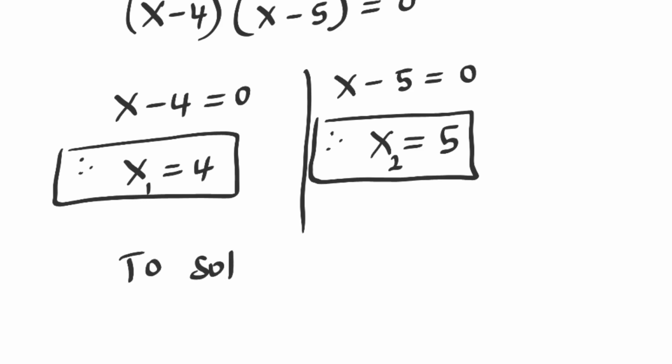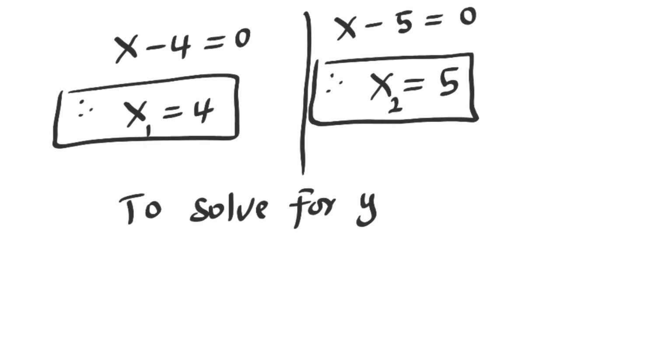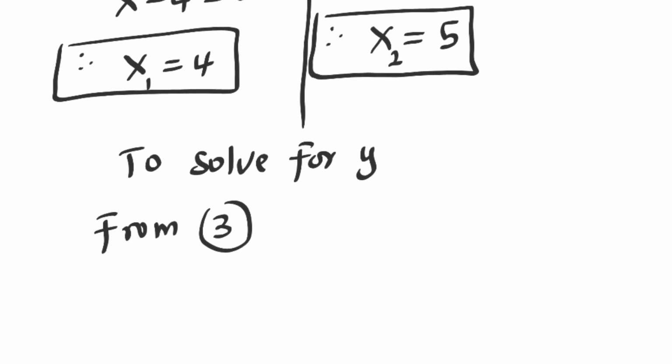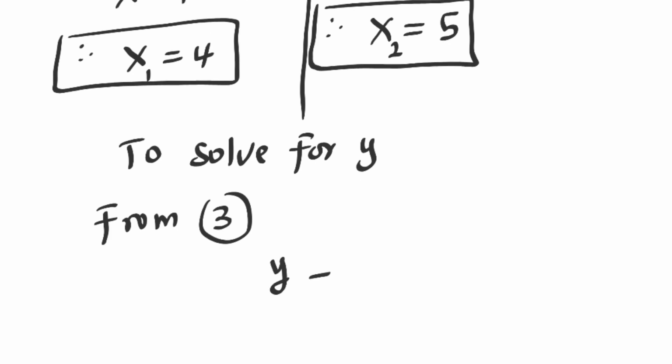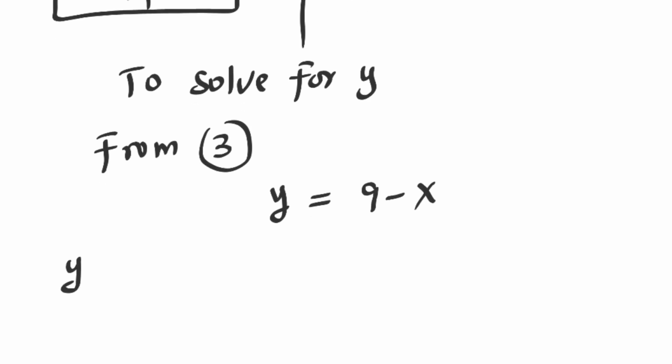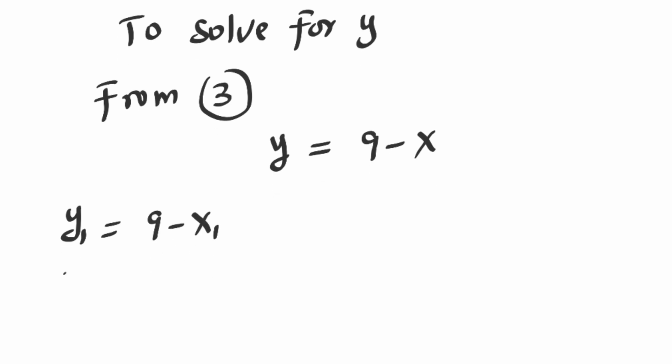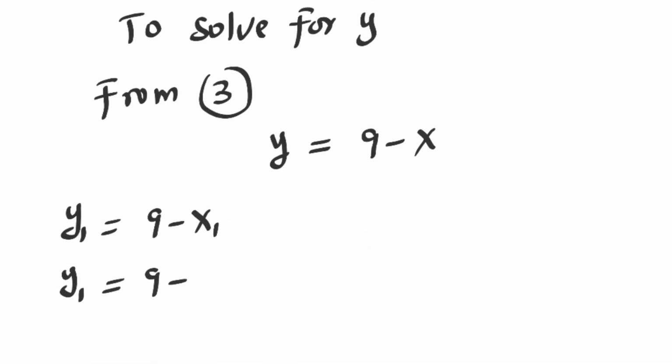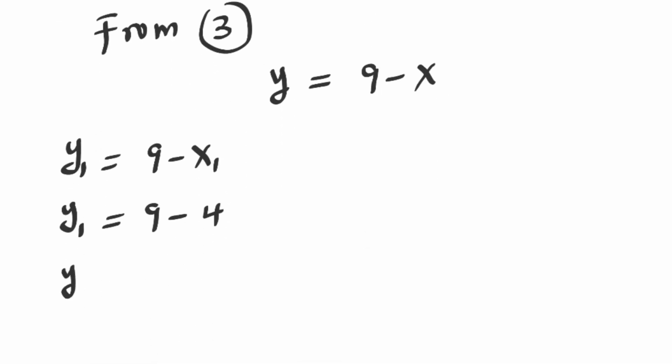To solve for y, from equation 3, y is equal to 9 minus x. y1 is equal to 9 minus x1. y1 is equal to 9 minus x1, which is 4. y1 is equal to 9 minus 4.